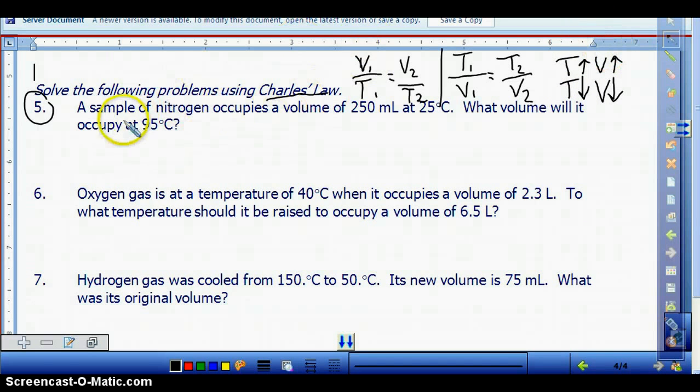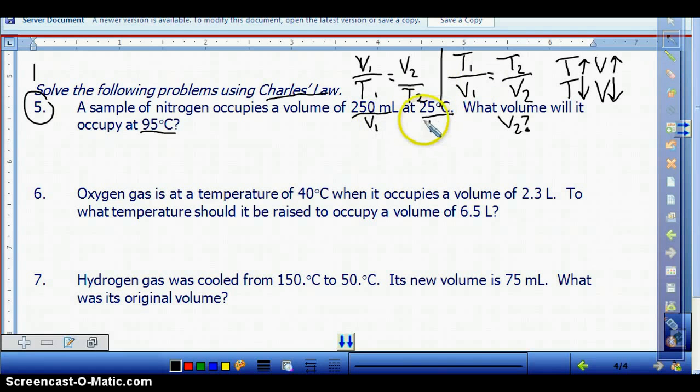Okay, so number 5, we've got a sample of nitrogen at a volume of 250 milliliters and 25 degrees Celsius. What volume will it occupy at 95 degrees Celsius? So that means V2 is what we're going to be solving for. Our first volume is 250, call that V1.